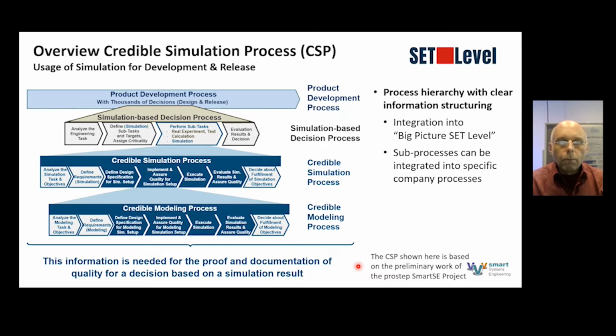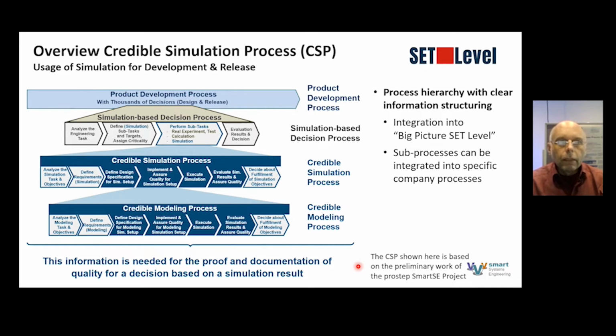What was very important for us when we made that process frame is that it can be used within the Z-level project, but also has a structure that allows it to be easily integrated, especially the sub-processes, into specific company processes.